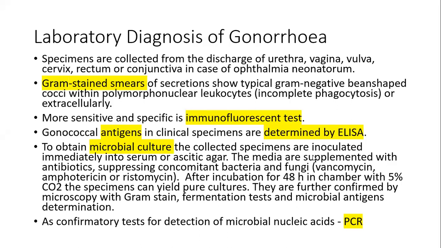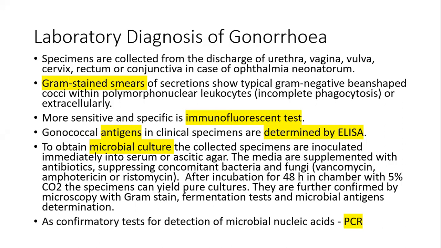Diagnosis of gonorrhea. Specimens are collected from the discharge of the urethra, vagina, vulva, cervix, rectum, or conjunctiva in case of ophthalmia neonatorum. Gram-stained smears of secretion typically show gram-negative, bean-shaped cocci within polymorphonuclear leukocytes, incomplete phagocytosis, or extracellular.